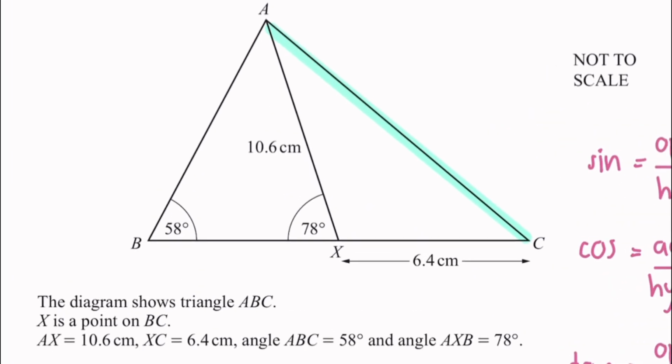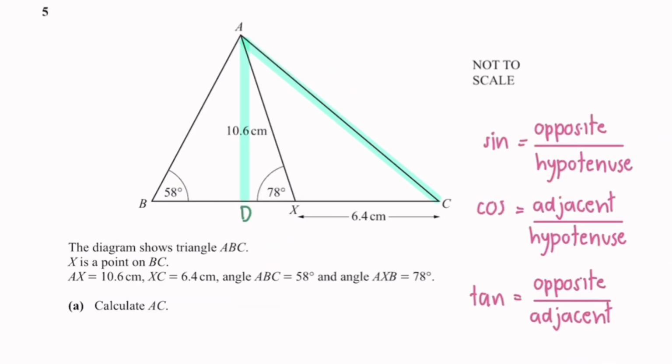In order to calculate AC, I want to use Pythagoras theorem. They give this 78 angle to me, and I want to know this side, and I know this side. Therefore, this side is the adjacent side, and this side is the hypotenuse.